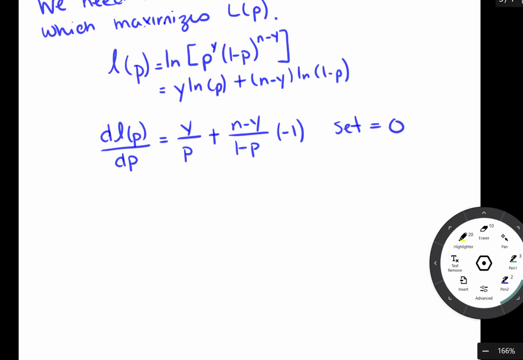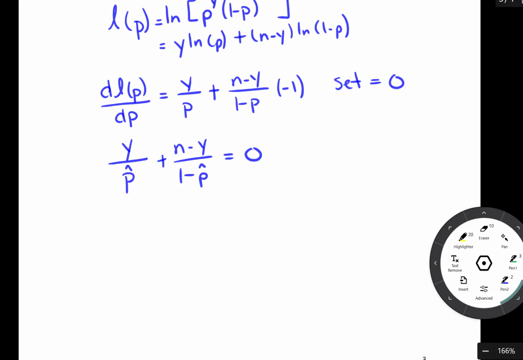So as soon as we set it equal to 0, we change our p's over to p hats. Okay, so notice once I set it equal to 0, that's when I put the hats on everything. So this suggests the following.